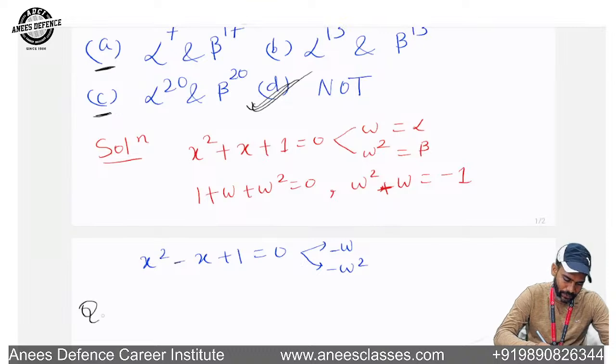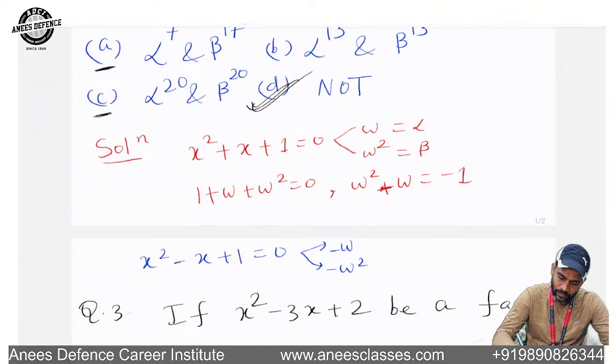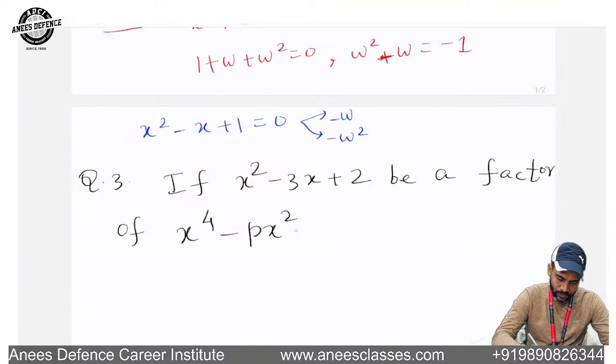Suppose question number 3, we have: if x square minus 3x plus 2 be a factor of x raised to 4 minus p x square plus q, then p comma q is equal to what?